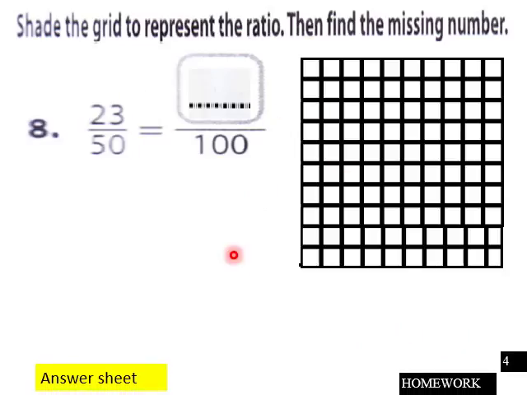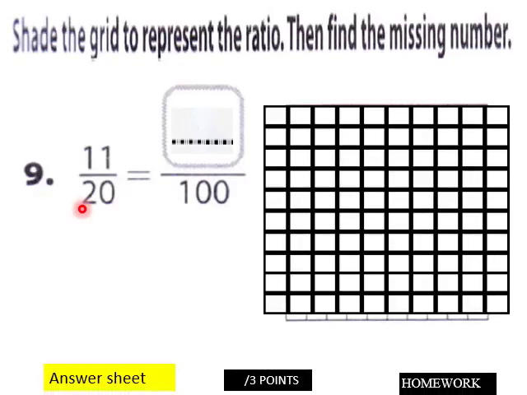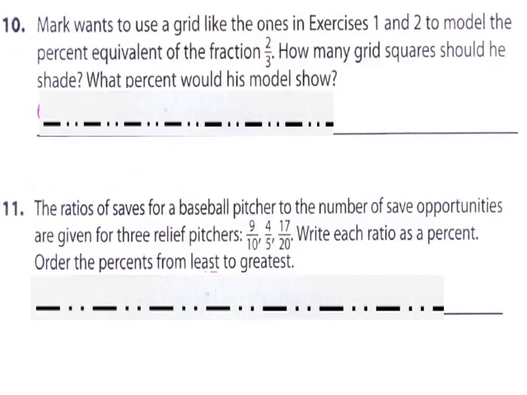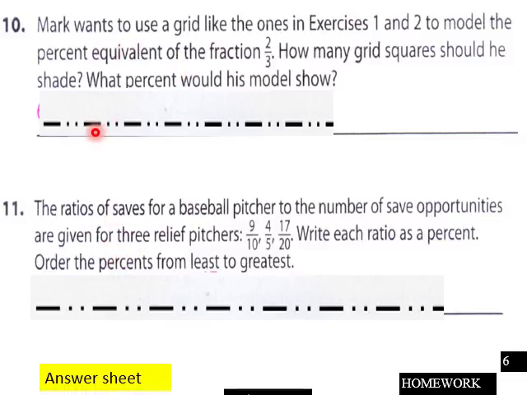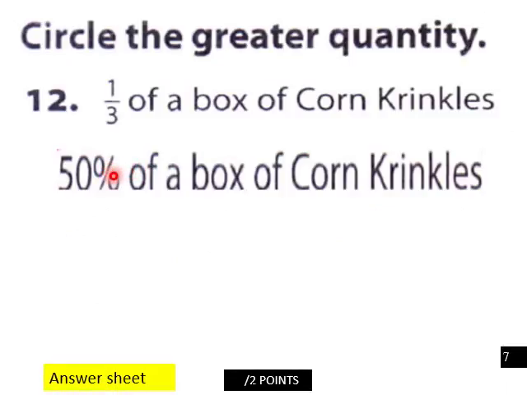Shade the grid for that ratio. Shade the grid here for this ratio too. Page 5. Then page 6 on your homework. You have 2 word problems here. And then page 7 of your homework. Circle the greater quantity, and you should know this by now.